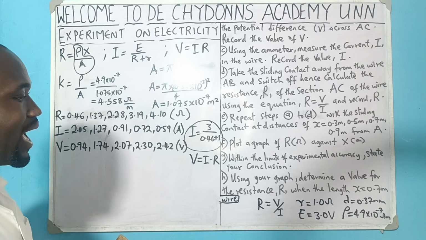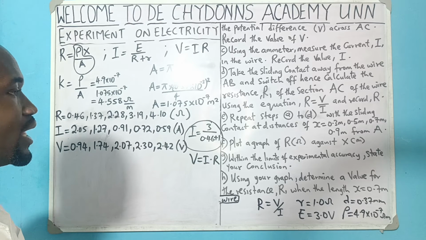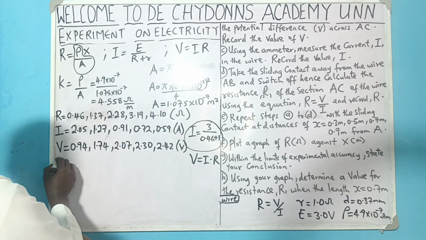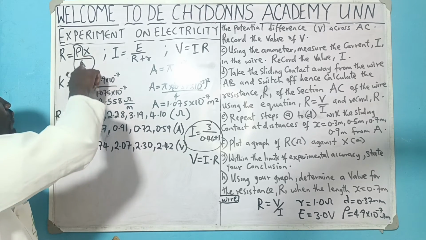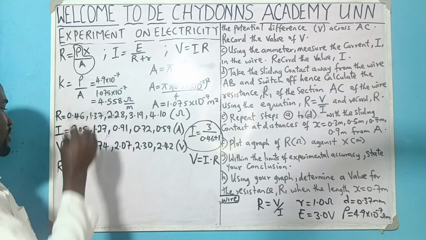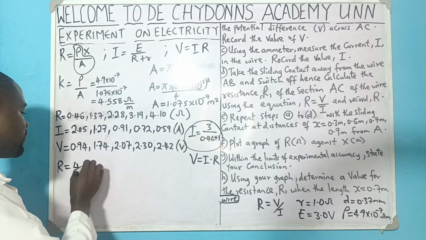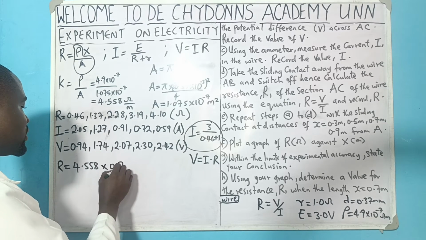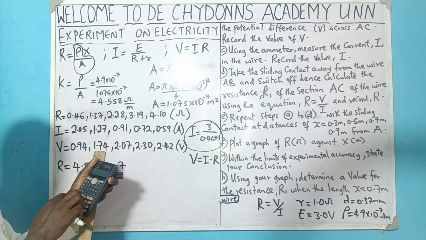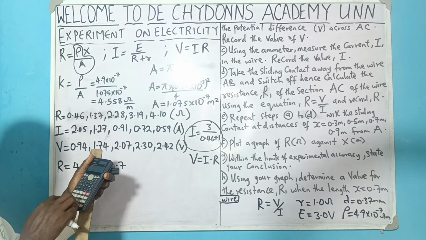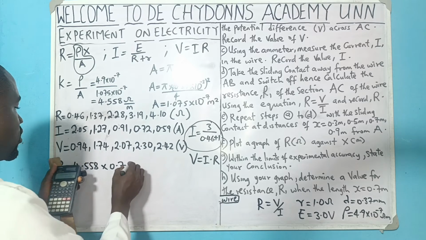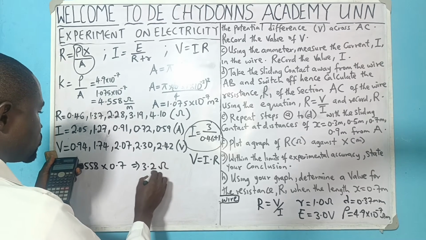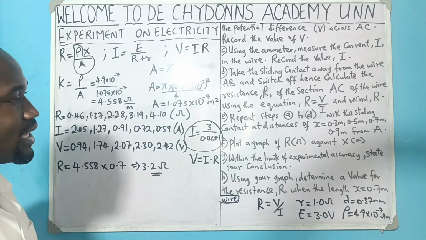That means our R is equal to 4.558 times our X, 0.7. 4.558 times 0.7 will be giving you 3.2 ohms. So you can also get it from there.